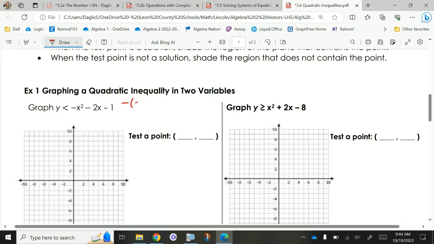So opposite of negative 2 divided by 2 times negative 1 gives me 2 over negative 2, which is negative 1, right? And then how do I find the other part of my vertex? Plug it in. So y equals negative 1 squared minus 2 times negative 1 minus 1.